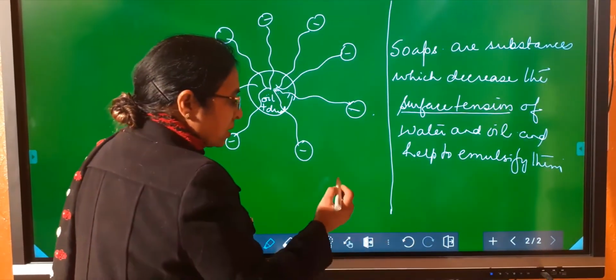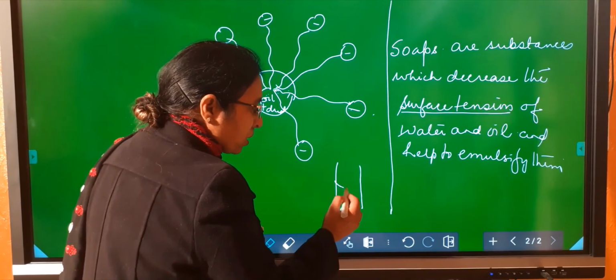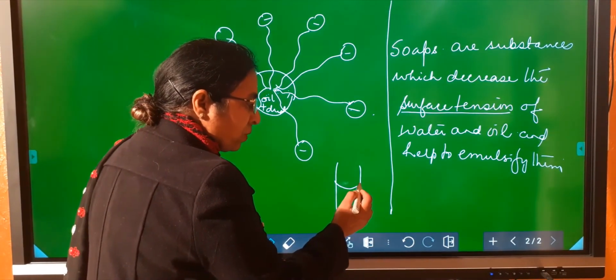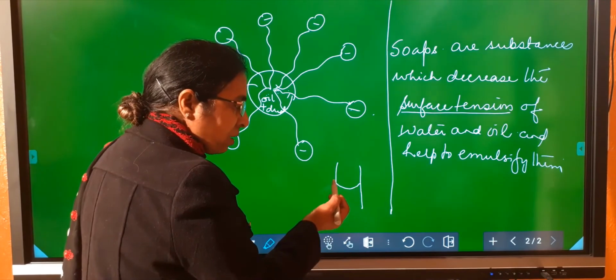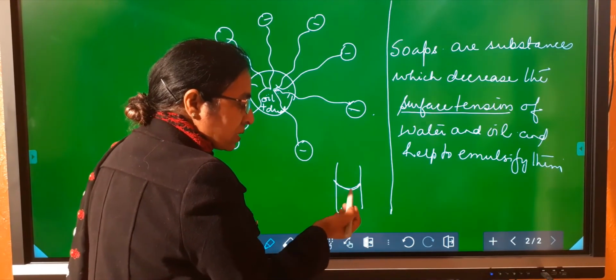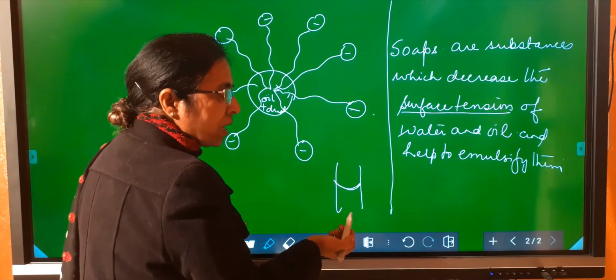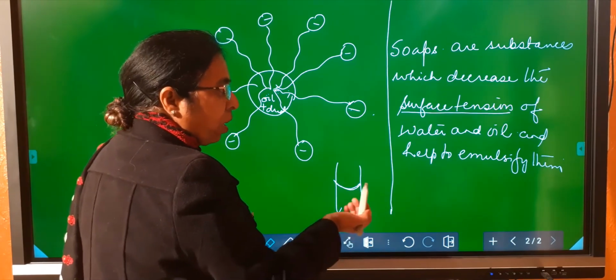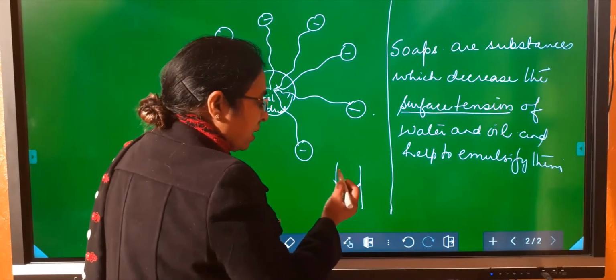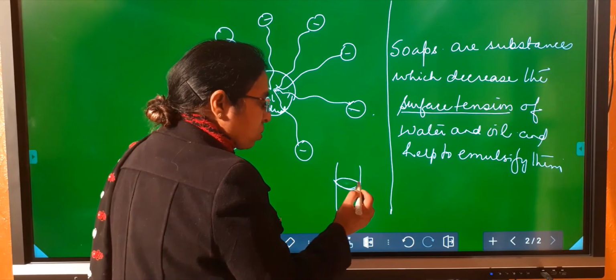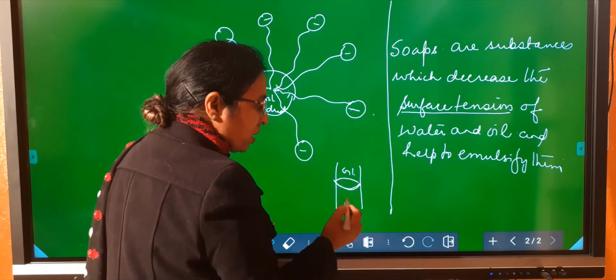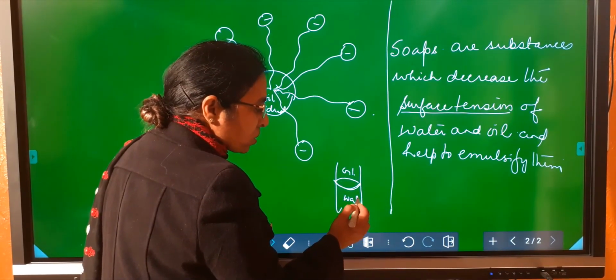What is it? See, the water surface, if you observe it in a capillary, is curved. This surface is under tension because some molecules are pulling it from below. Similarly, oil has its own surface tension, and water has its own surface tension.